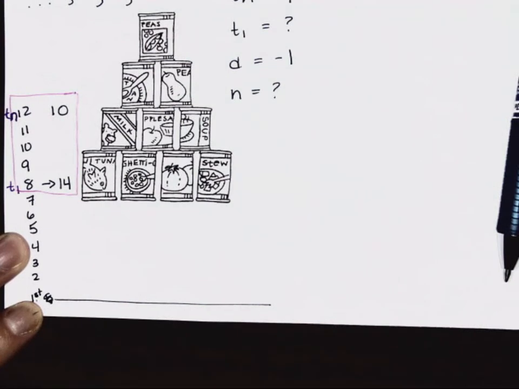That's only going to tell me the common difference, and I know that already. Now we've got to figure it out. Well, I don't even think we need to do any math. I think we've got to count.